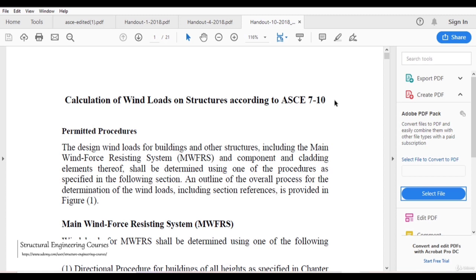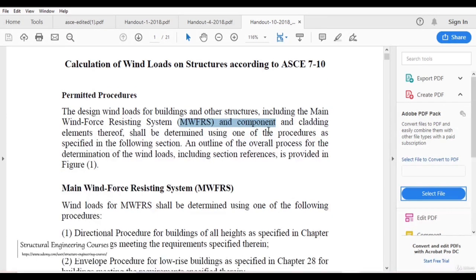I am repeating again that the latest ASCE 07 was released in the year 2016. But in wind there were not many major changes, and the purpose of this lecture is to explain the various aspects and how you can calculate the wind loads.